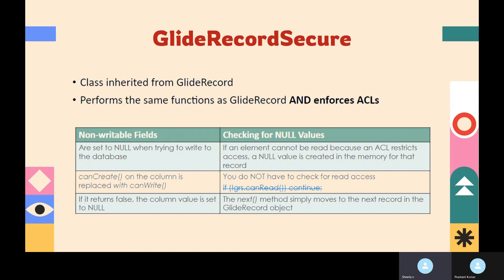Everything else is the same, the query, the conditions, everything. You just use GlideRecordSecure instead of GlideRecord. That's it. This will not be used any time. I have also not used GlideRecordSecure in any project. I just want you to know that's it.